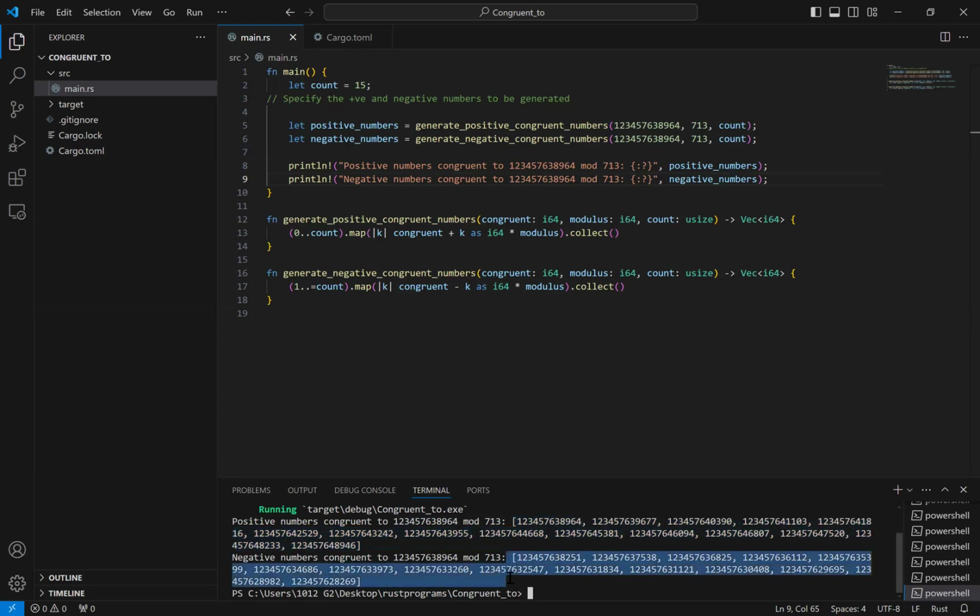Again, they'll be here, all of them. The negative sign is not shown, but you just include the negative. The numbers here are negative numbers. So that's how we write the code for numbers which are congruent to another number.